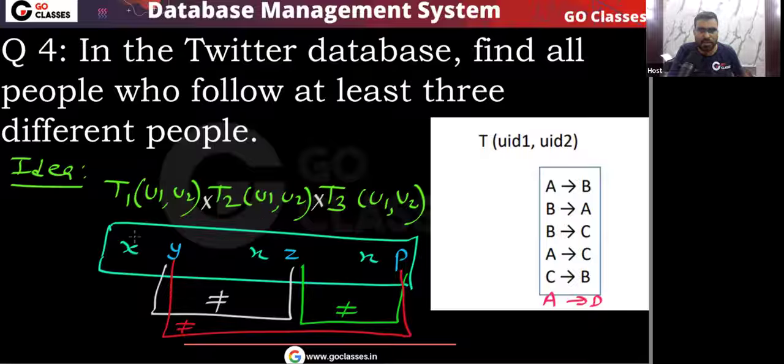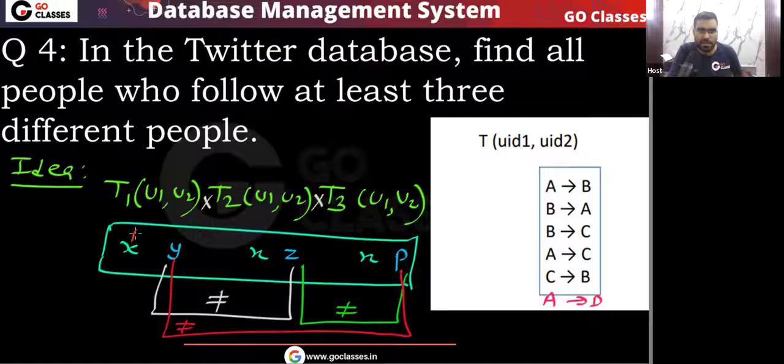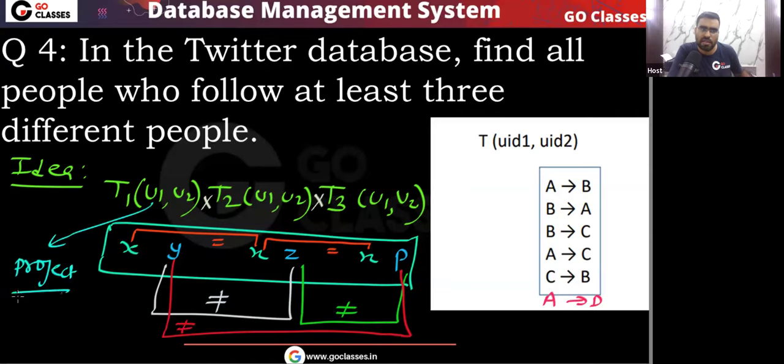Okay, so I can say that this should happen. They must be equal. Okay, so let me write it that these two must be equal, and these two must be equal. And finally, I will project this. Please tell me, is this clear? The idea is clear to everyone.